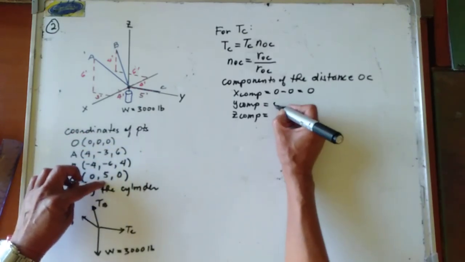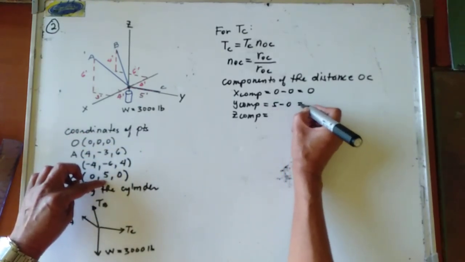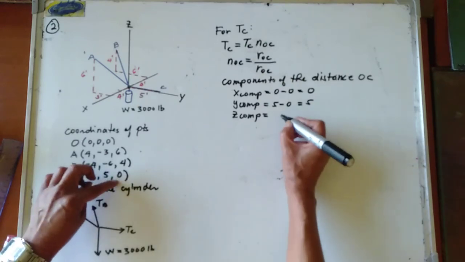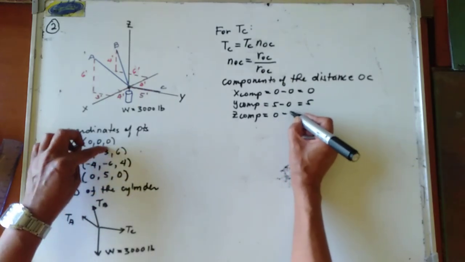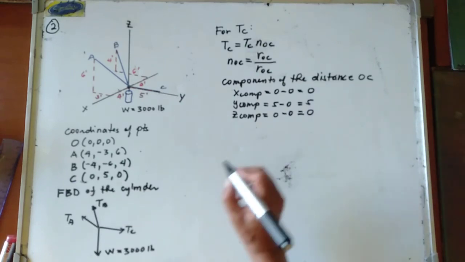We have 5 minus 0, that is equal to 5, and then 0 minus 0, that one is equal to 0.